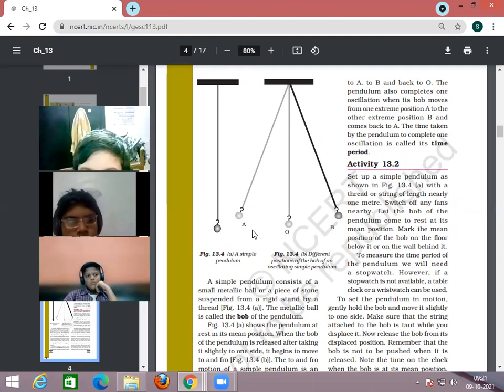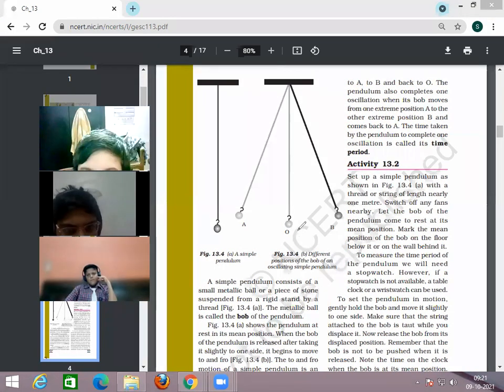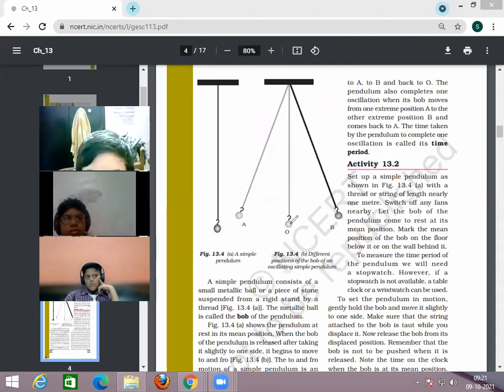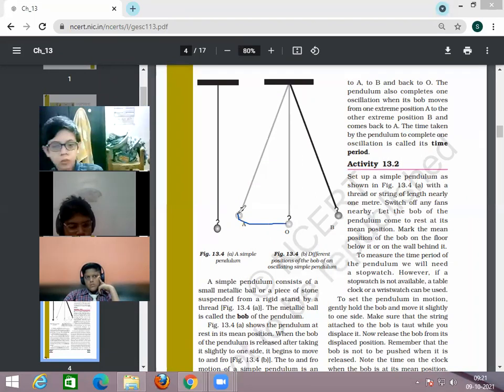So how can we calculate the oscillation of a pendulum? There is a way to do it for the simple pendulum. First of all, the pendulum is at the O position, that is, at rest. First, we take the pendulum to the A position.